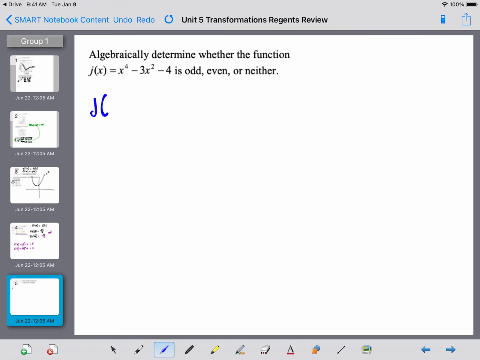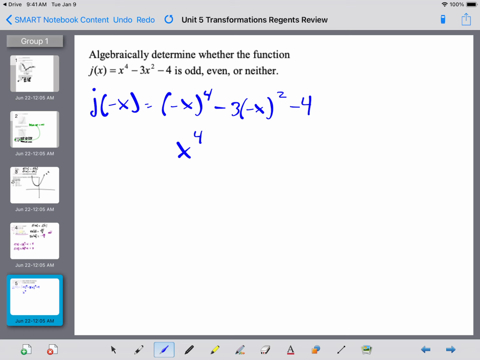Plug in -x. -x to the 4th, if you have an even power, you know that negative is going to become positive. So that's x to the 4th.